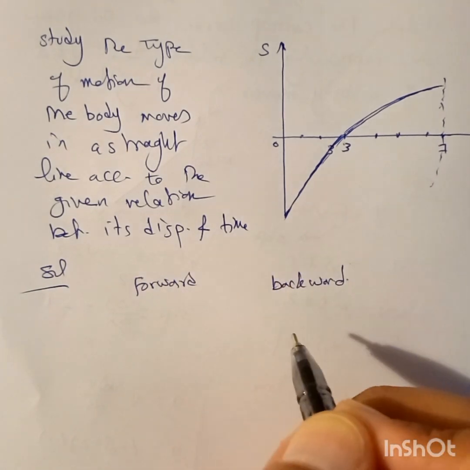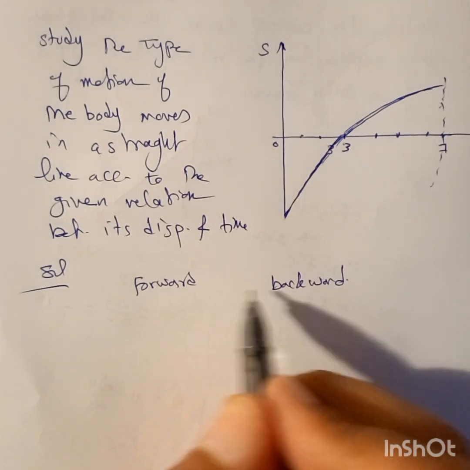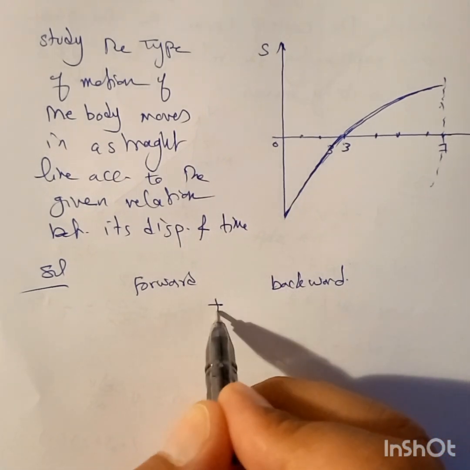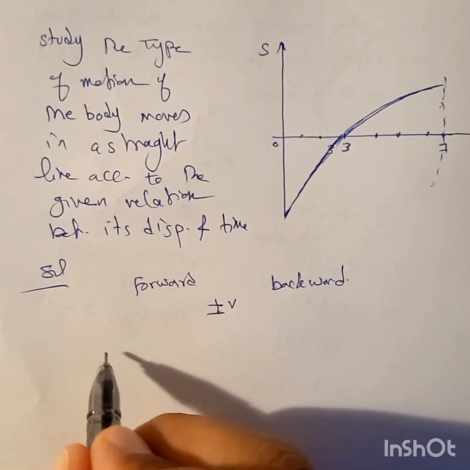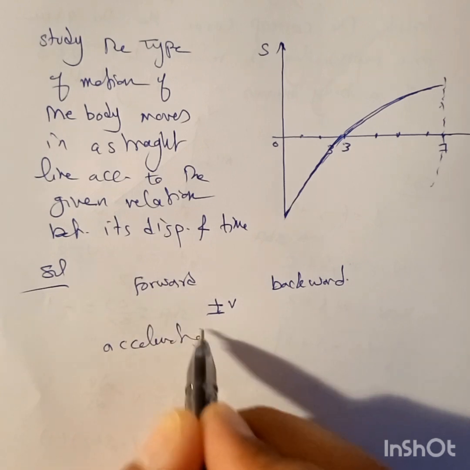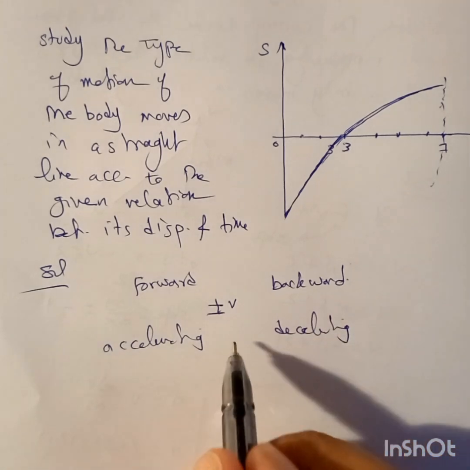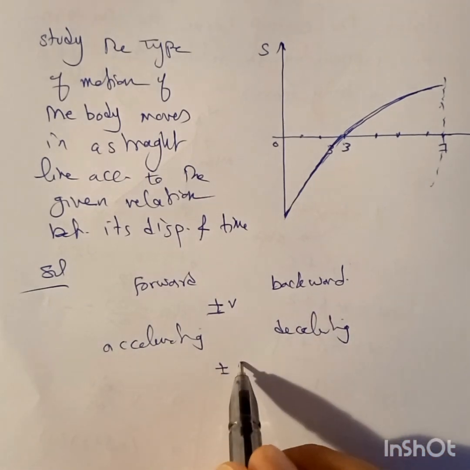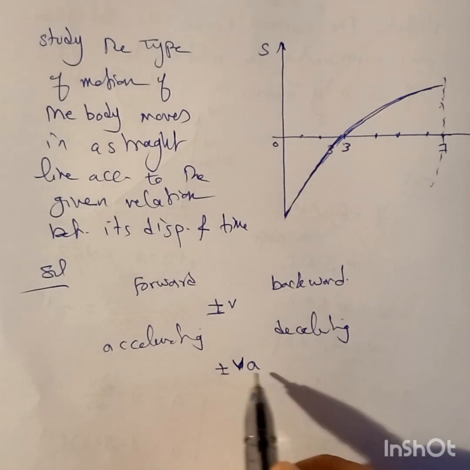As we said during the explanation, this can be decided according to the sign of the velocity. Secondly, we have to identify if the motion is accelerating or decelerating, according to the sign of v times a, the product of va.